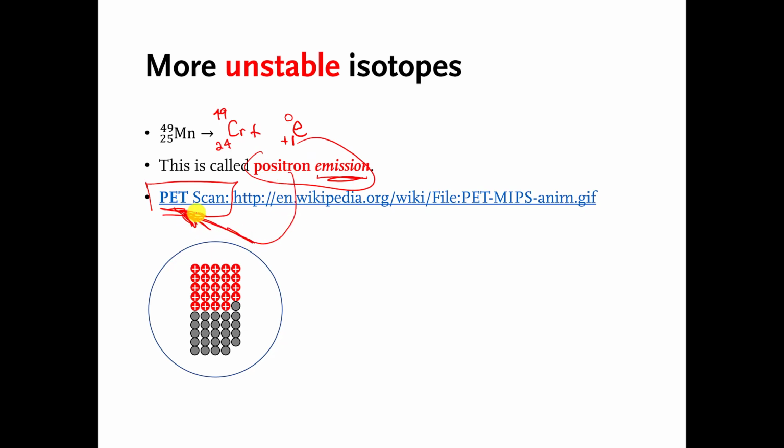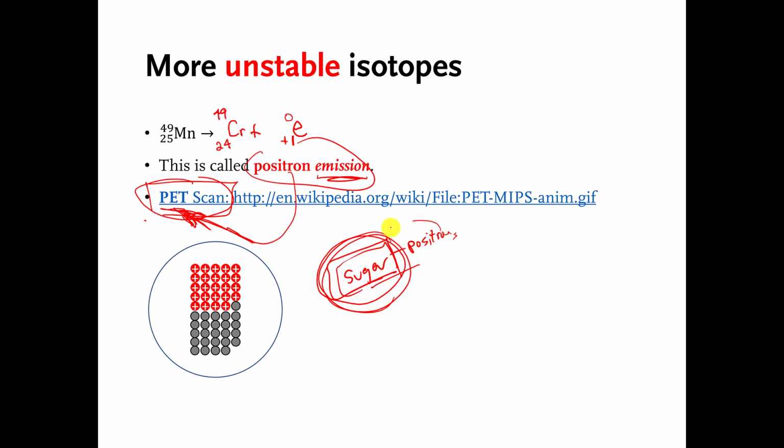And just in case you care, I can tell you a little bit about how PET scans work. Basically, what they usually do if you're going to get a PET scan is they will feed you some type of sugar or something related to a sugar that is emitting positrons, that is firing off positrons. And the sugars usually go to different tissues in your body that need a lot of energy because sugar can give you energy.